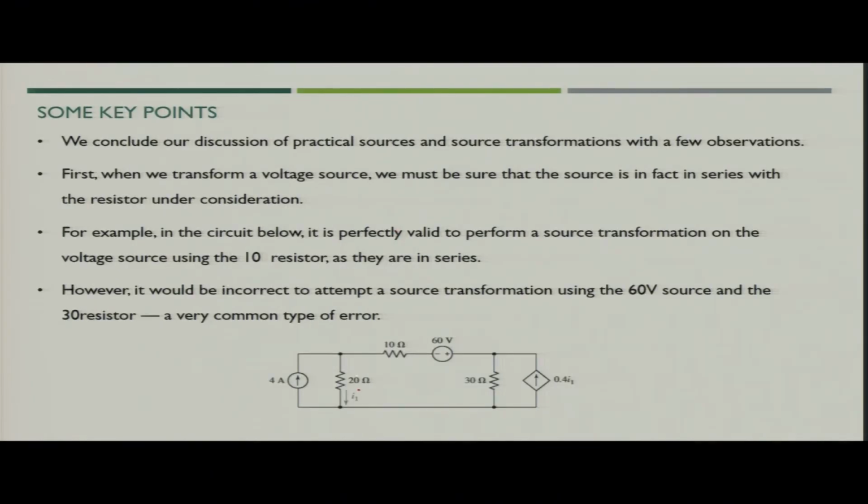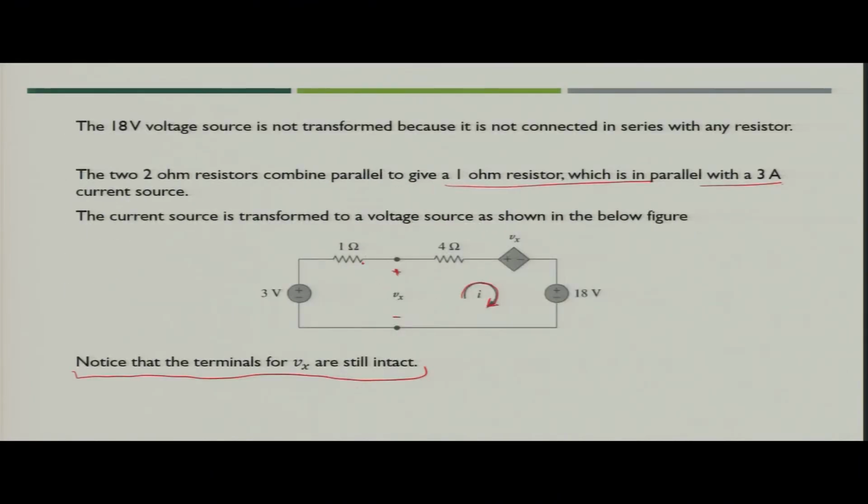If you see the voltage across these two terminals A, B, suppose, what would be the value of Vx? Vx would be nothing but, you know that current flowing through this 1 ohm is I, which we have considered in the calculation of the first loop.